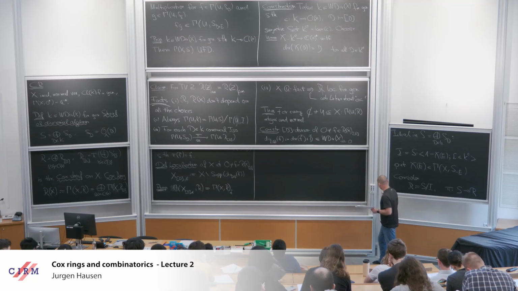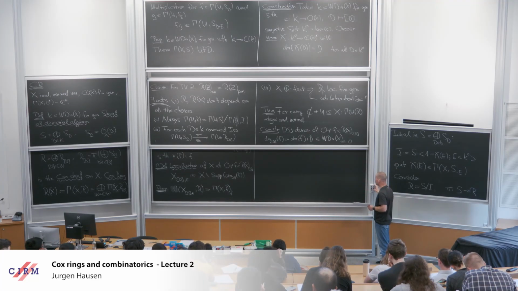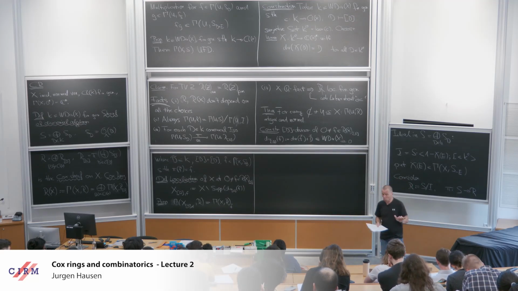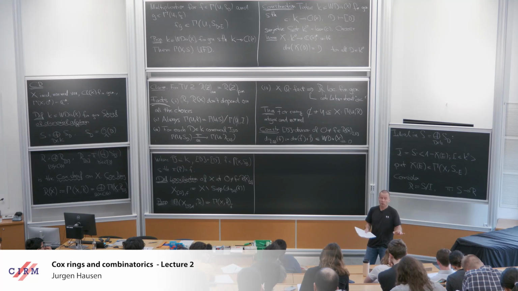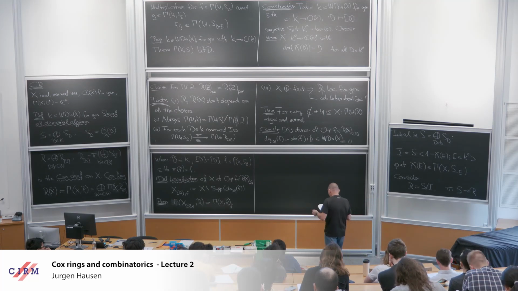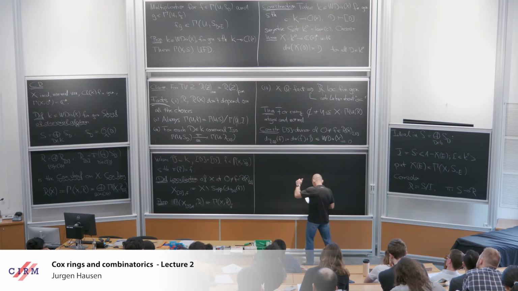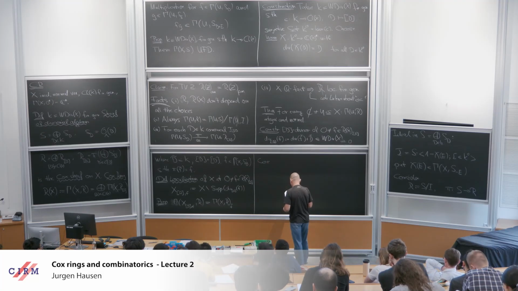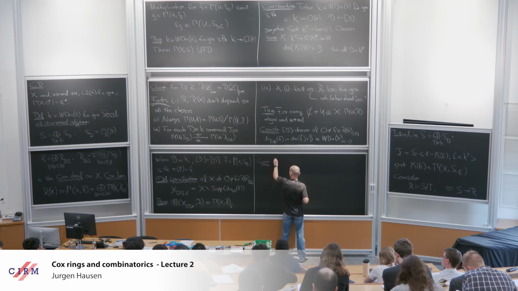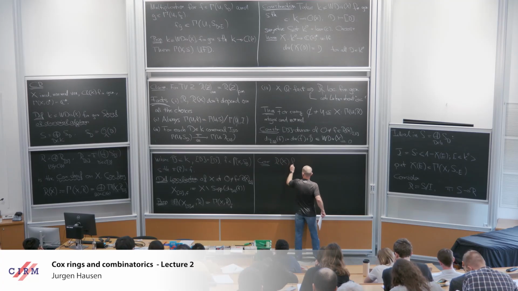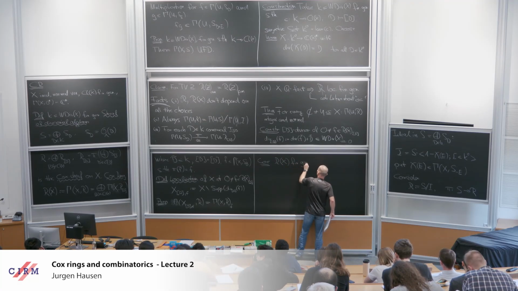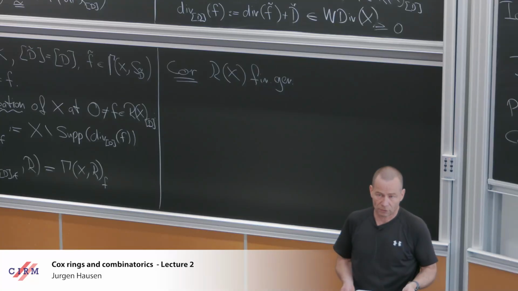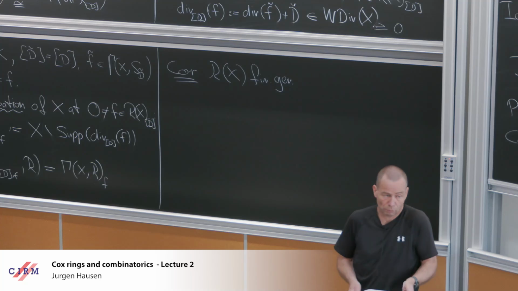A corollary of this, an immediate corollary, gives us more examples of locally finitely generated Cox sheaves. Once we know that the Cox ring is finitely generated, then we can localize and see that the Cox sheaf must also be locally of finite type.